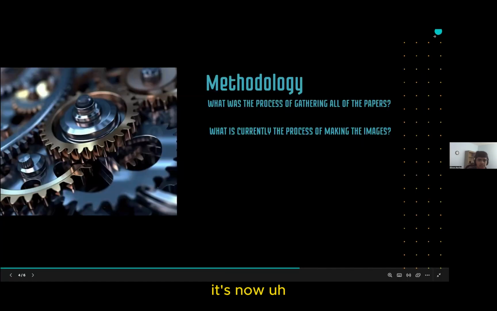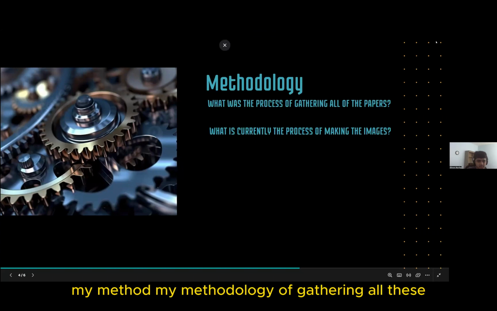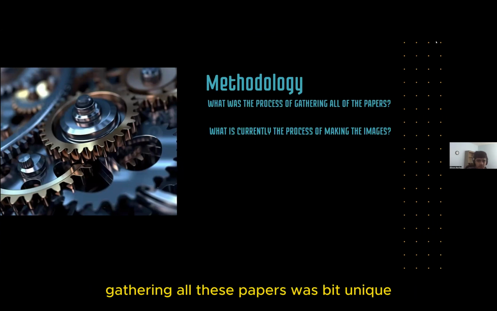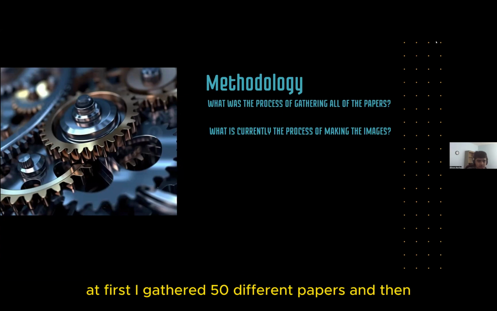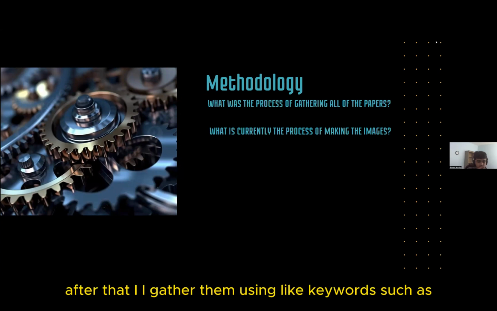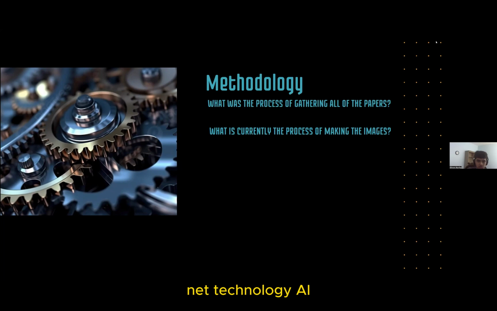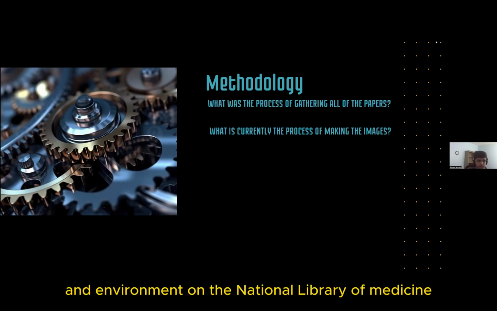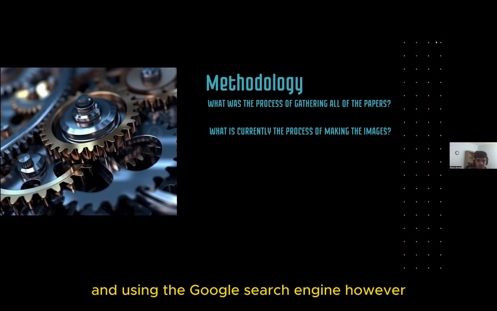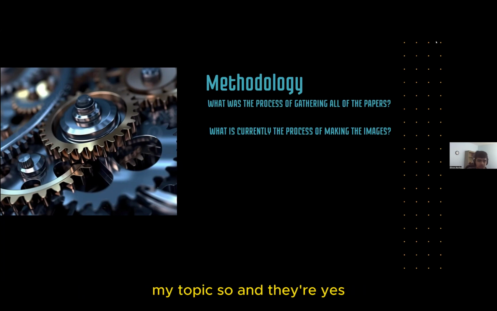My methodology of gathering all these papers was a bit unique. At first, I gathered 50 different papers, using keywords such as nanotechnology, AI, and environment on the National Library of Medicine and the Google search engine. However, a lot of these articles weren't really connected to my topic.